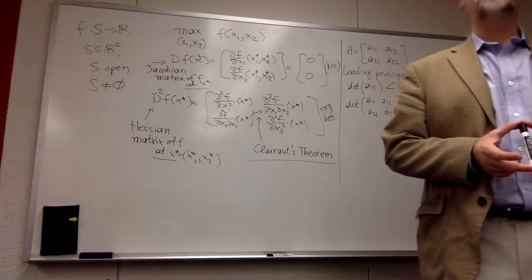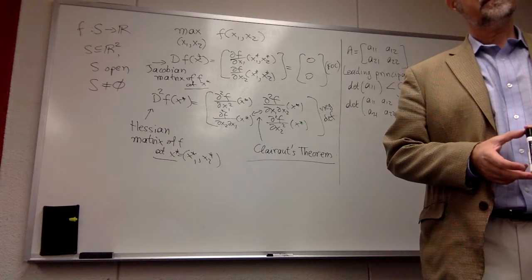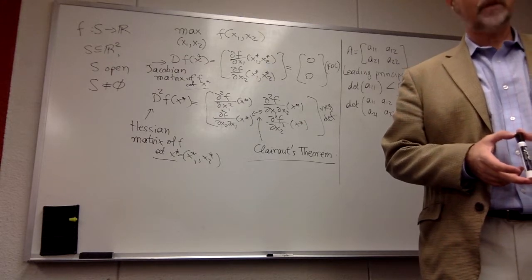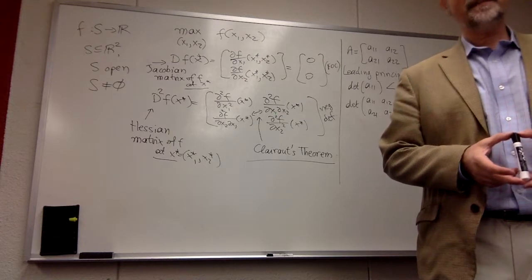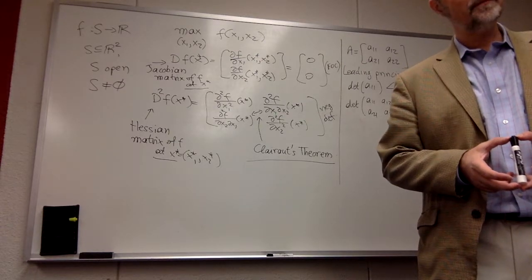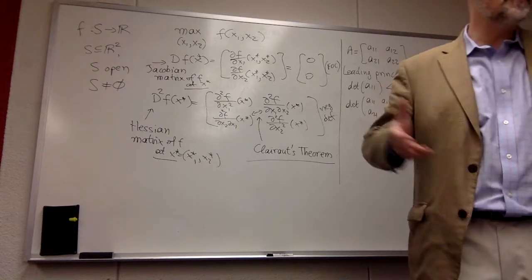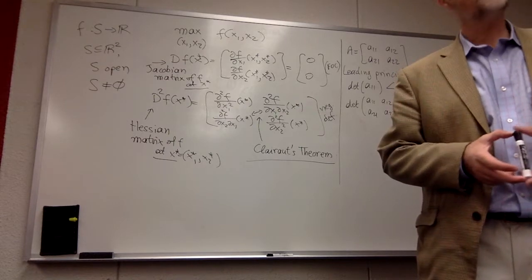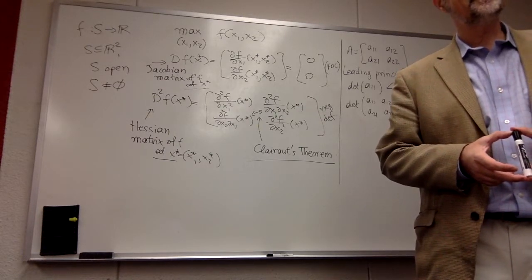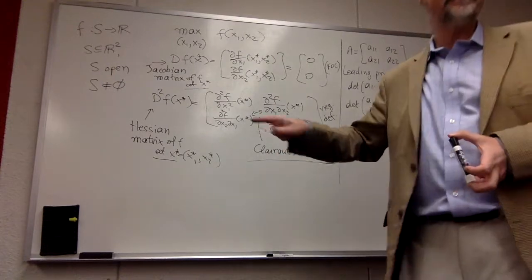Can you say for sure that you have a maximum? No. You can say, well, it satisfies the necessary conditions for a maximum. But who knows, it could be not a maximum.